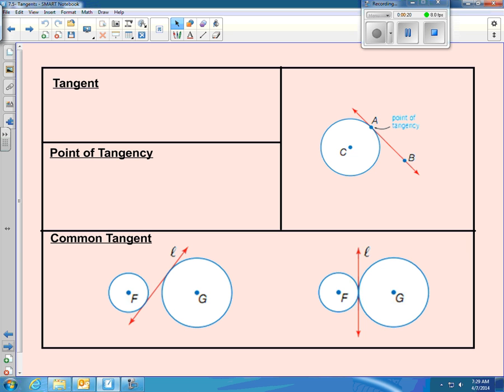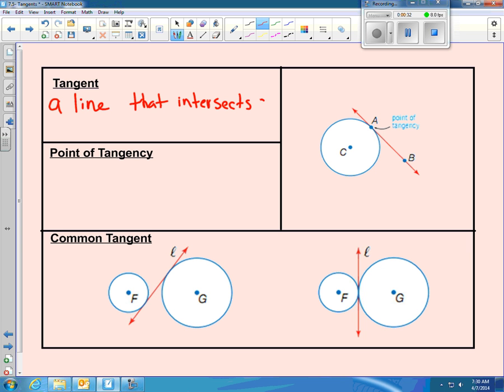So let's talk about what is a tangent. A tangent is a line that intersects a circle at exactly one point. Only one point though.